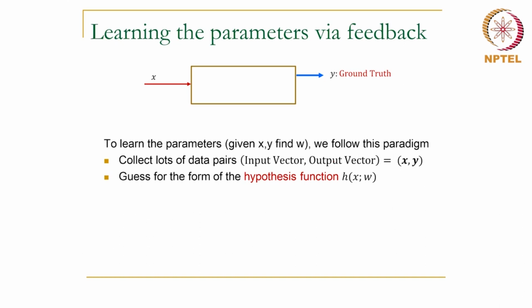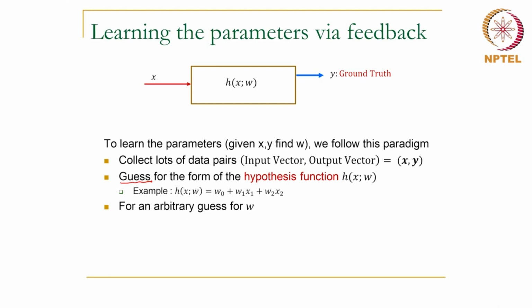Now, from here, you guess the form of the hypothesis function. So, for example, you say w0 plus w1x1 plus w2x2, or a linear function. Now, take an arbitrary guess. This is different from what you did for regression. Up until here, it is very much like regression. But then we solved for w directly, based on the least square principle.